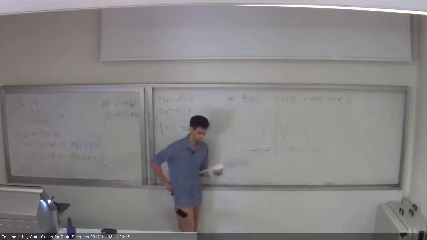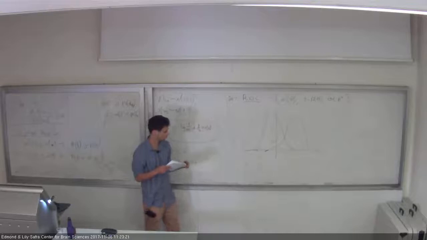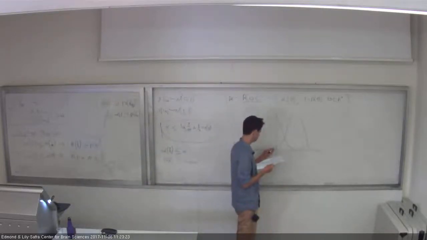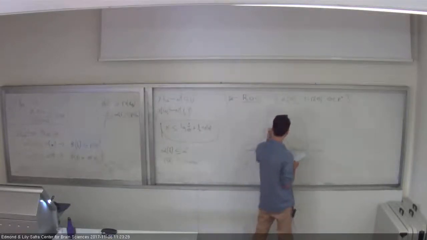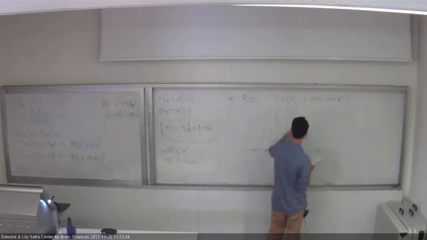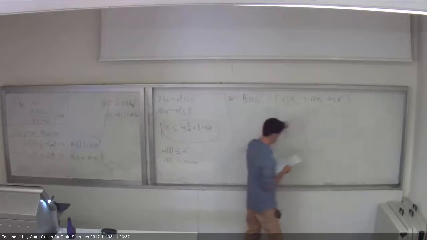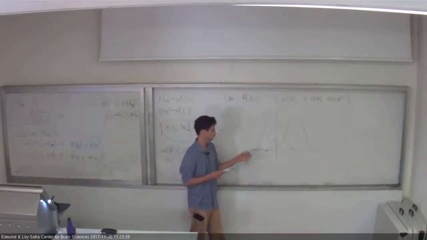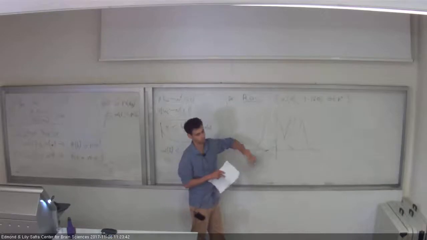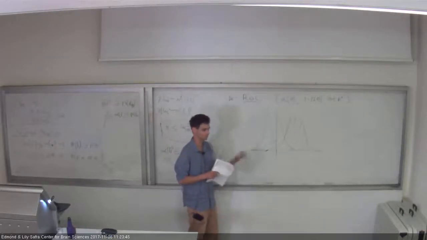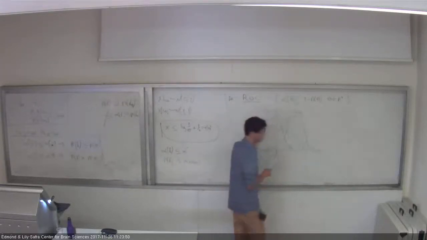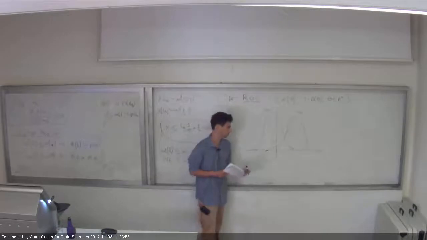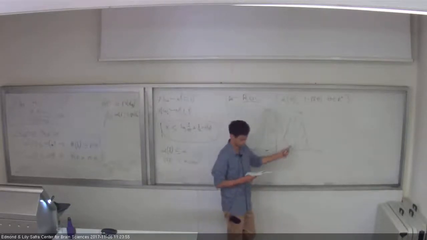Of course we know that this area, what is this area? Which distribution is the one to the right? It's W0. This is W0. So this area, what is this?